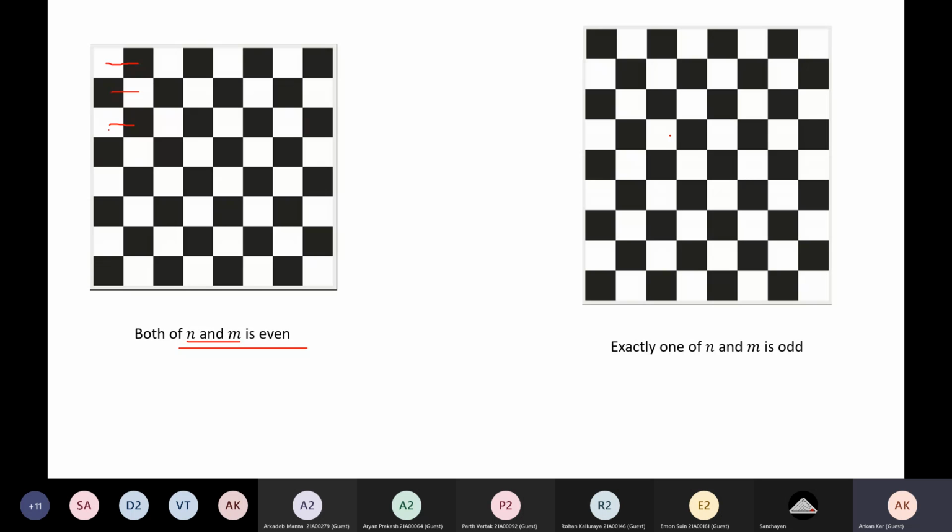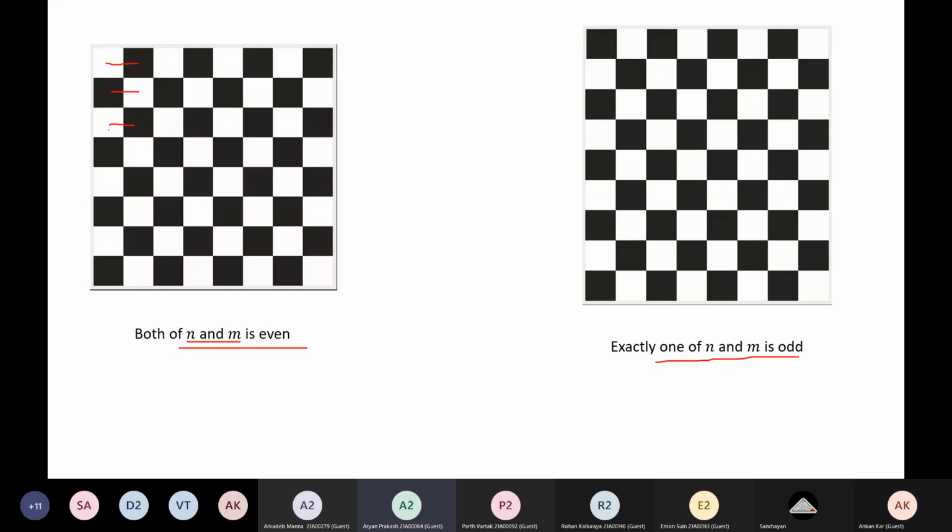Well, that will do. And for one of n and m odd, what will you do? So I don't understand how you got the contradiction for when k is odd.